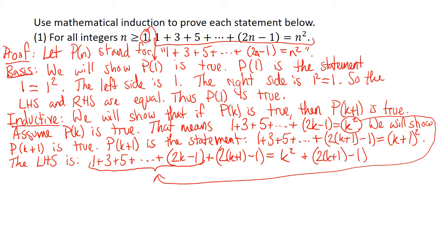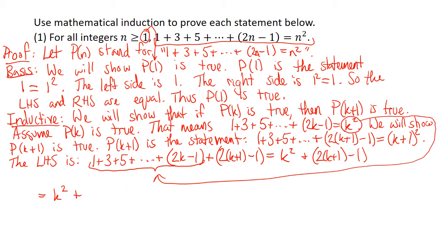And now I can simplify, and I'm going to try to show that this, which was the left-hand side, equals the right-hand side, which was k plus 1 squared. So I'm just going to simplify it and try to make it look like k plus 1 squared. Oops, I already wrote that, didn't I?